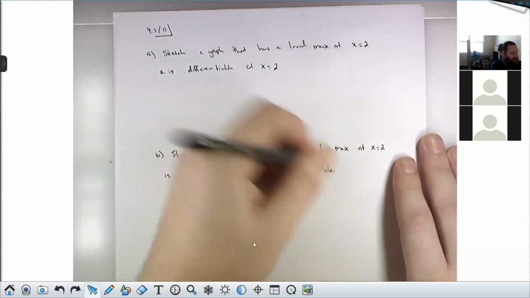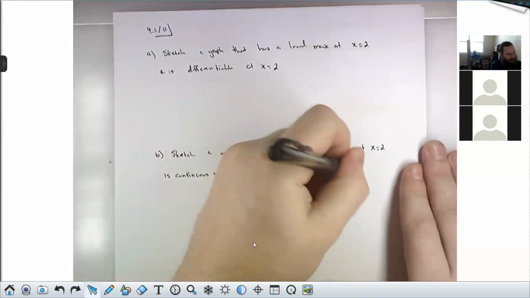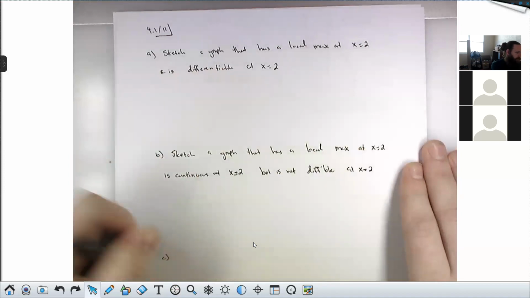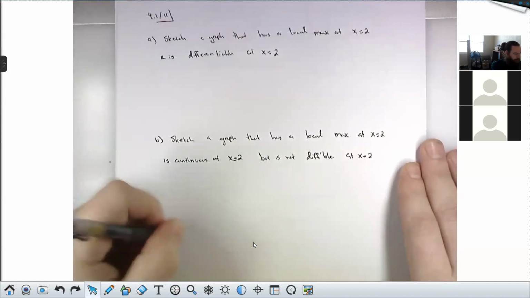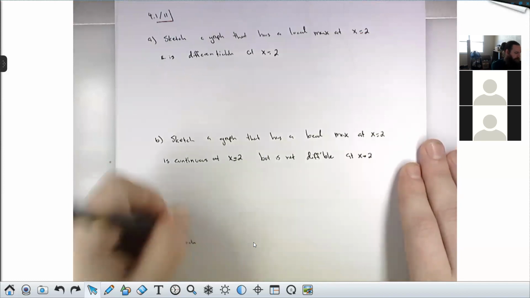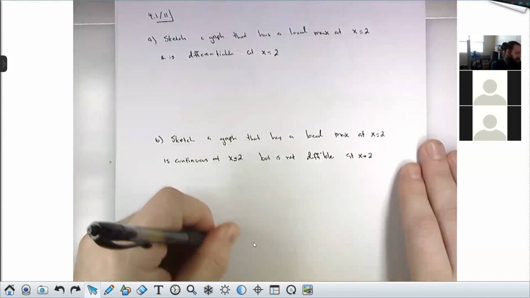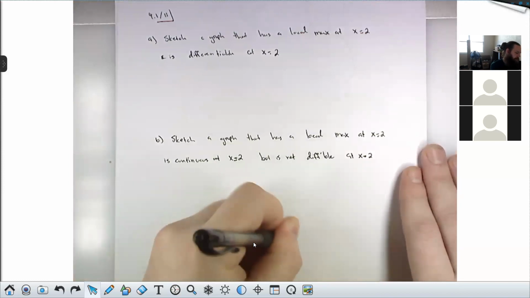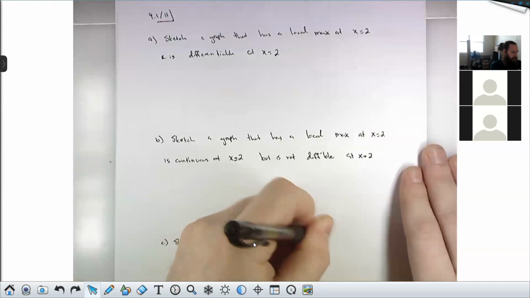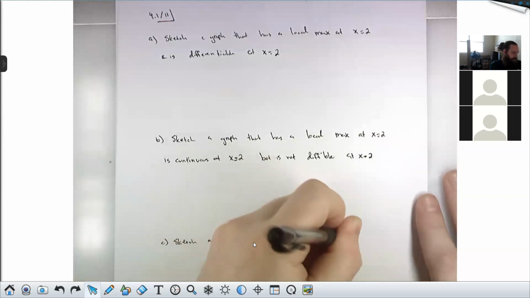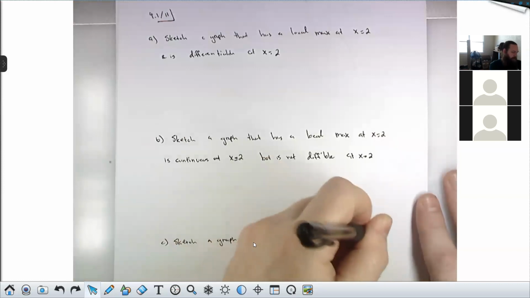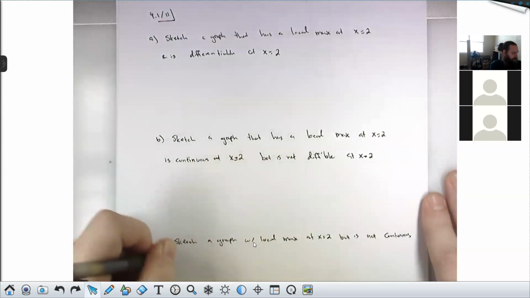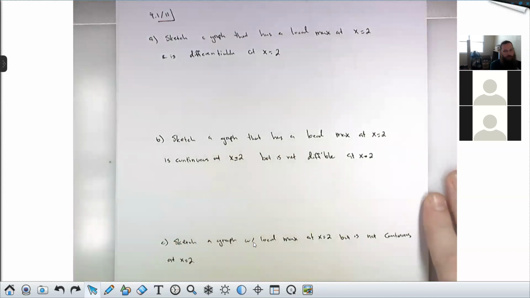I'm going to abbreviate differentiable as diffable at x equals 2. And then one last guy, C, sketch a graph with a local max at x equals 2, but is not continuous at x equals 2. We're going to look at all three of these cases.